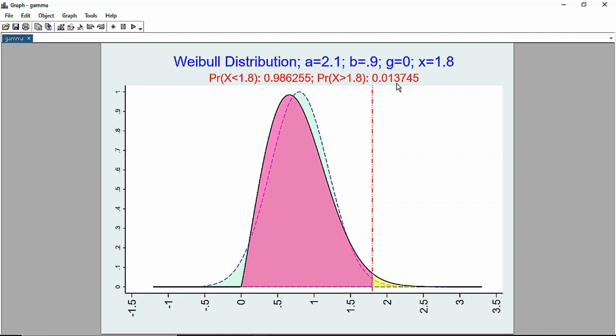So based on the significance level, we either reject or fail to reject the null. If our significance level is 5%, then our p-value is quite less than our significance level. In that case, we reject the null and we conclude that the value of x is greater than 1.8. But if our significance level is 1%, then the p-value 2% is greater than our significance level. In that case, we fail to reject the null and we conclude that the value of x is 1.8.